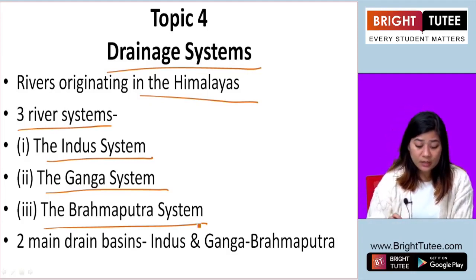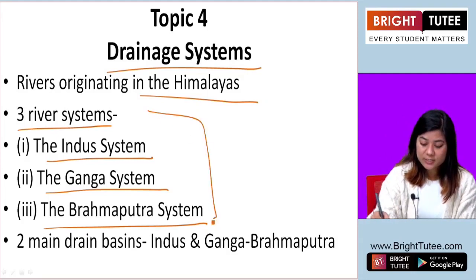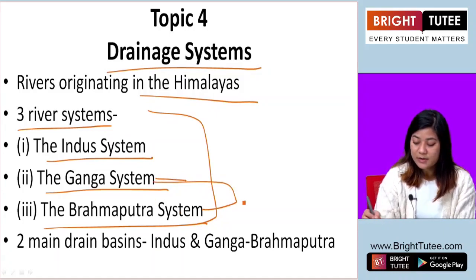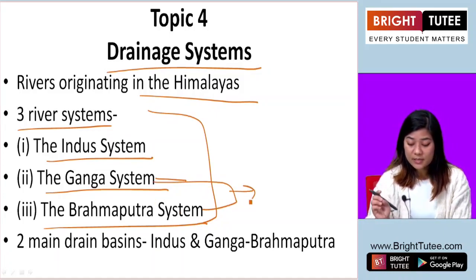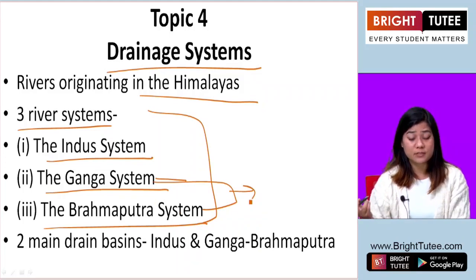Now, among these three river systems, the Ganga and the Brahmaputra river systems are extremely important for our country, extremely important for the northern part of our country.